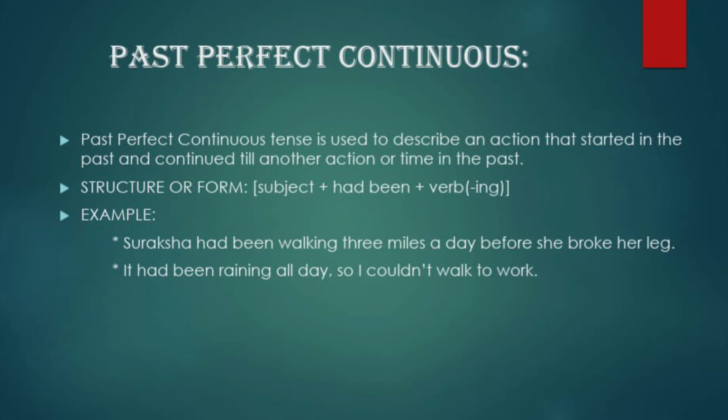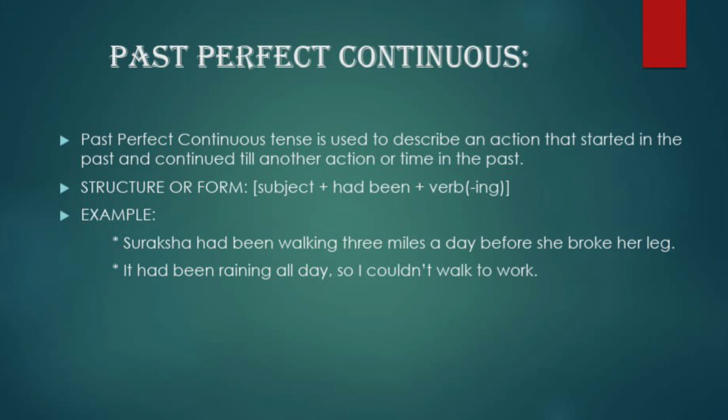And now we come to the end of this past tense. It is called the past perfect continuous, the last of the four aspects. Alright, so here we are told that this tense is used to describe an action that started in the past and continued till another action or time in the past.